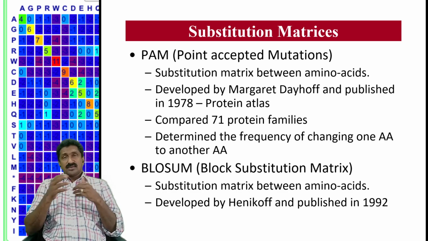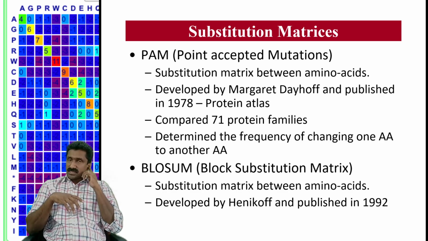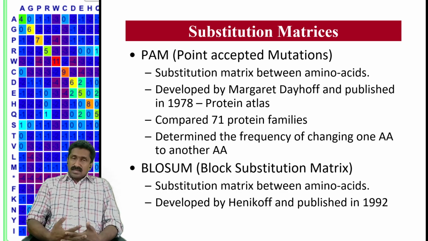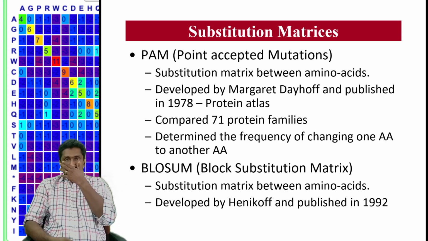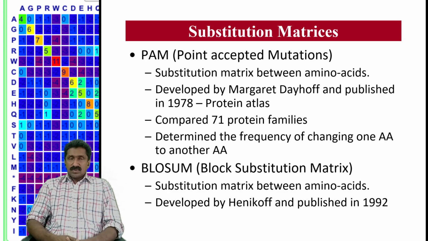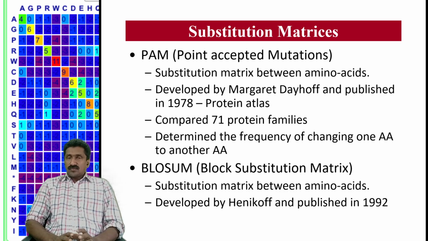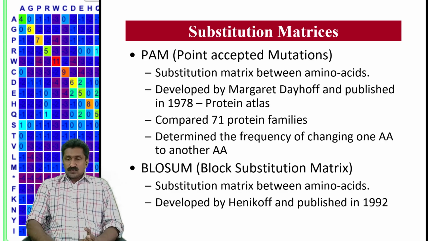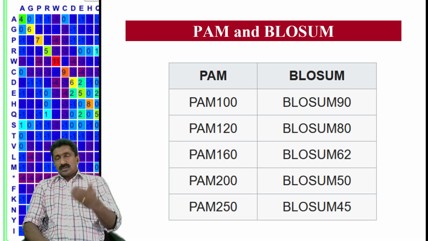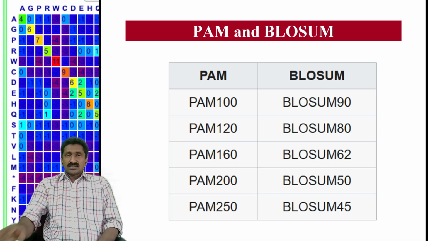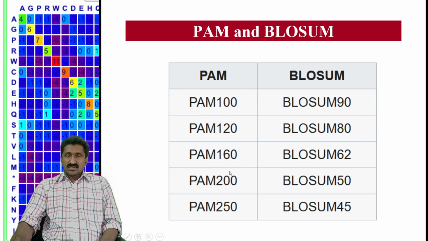And another category of matrices that was developed is BLOSUM, that is a block substitution matrix. It's also a substitution matrix between amino acids, and it was developed by Henikoff and published in 1992. Now there are different types of matrices like PAM 100, 120, 160, 200 and 250, whereas in case of BLOSUM, that is 90, 80, 62, 50.